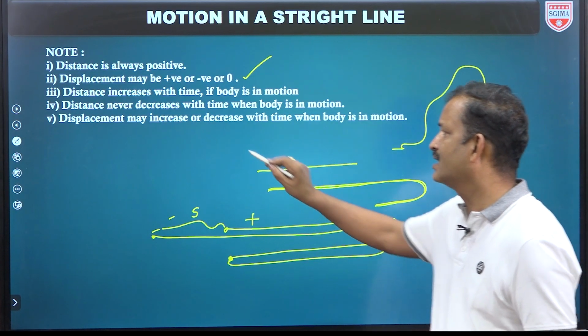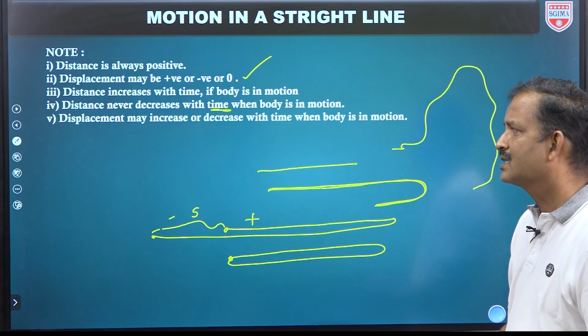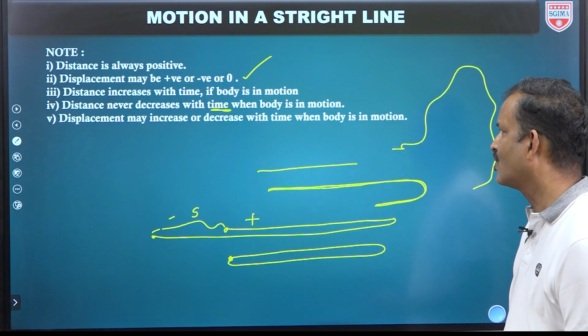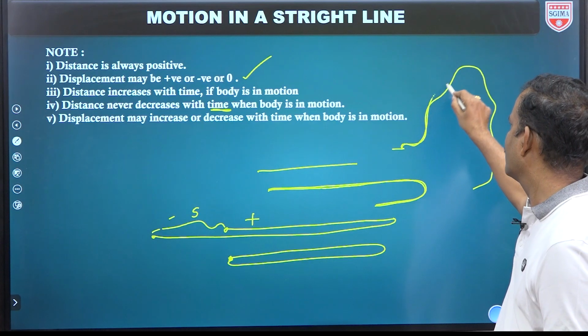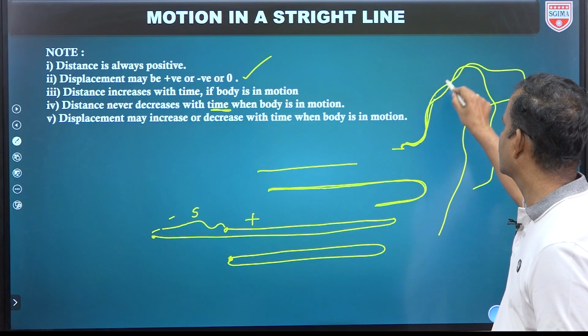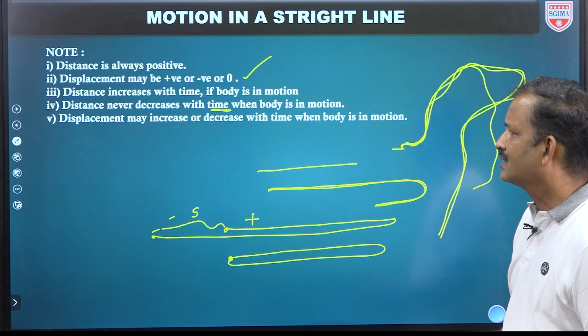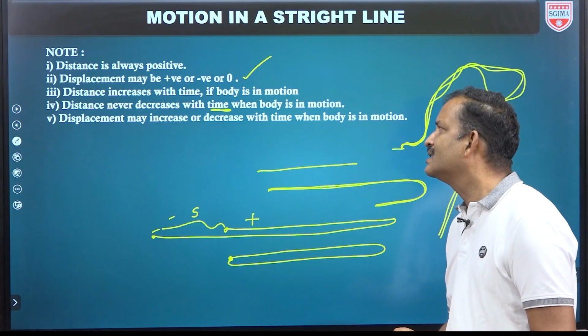Distance never decreases with time when the body is in motion. Whatever way it is going, we have to count the length of the path. So, the length of the path is always increasing when it is in motion.